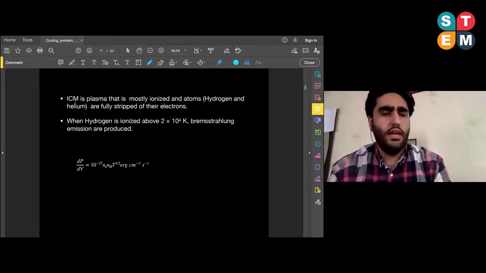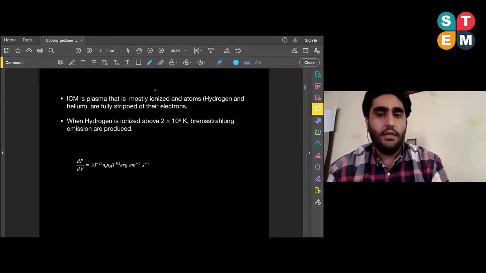I showed you an image in which you could see that the intracluster medium is emitting X-rays. Why is the intracluster medium emitting X-rays? It's mainly because of the Bremsstrahlung phenomenon. In that region, we have mainly hydrogen and helium, which are mostly ionized.